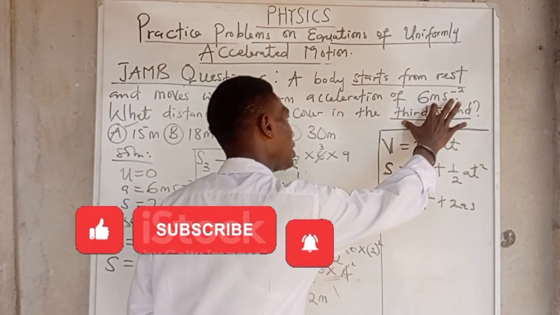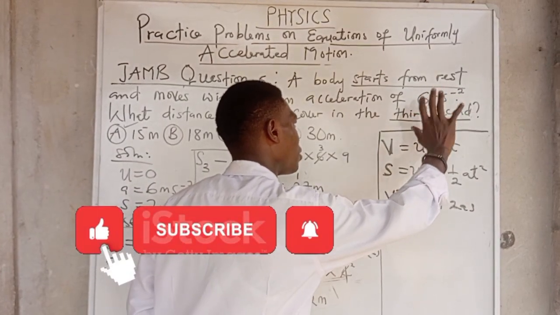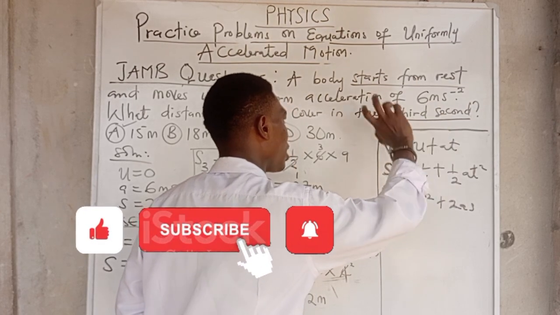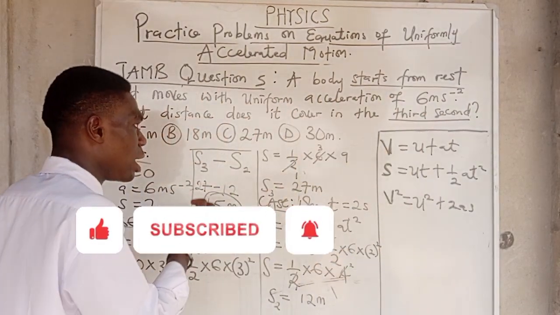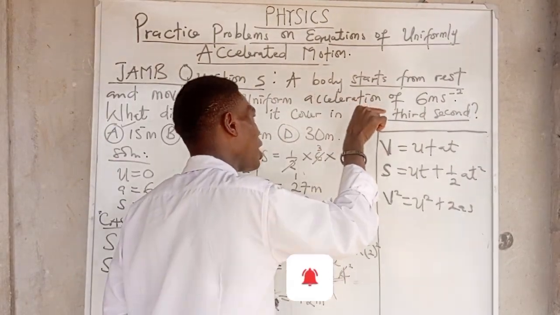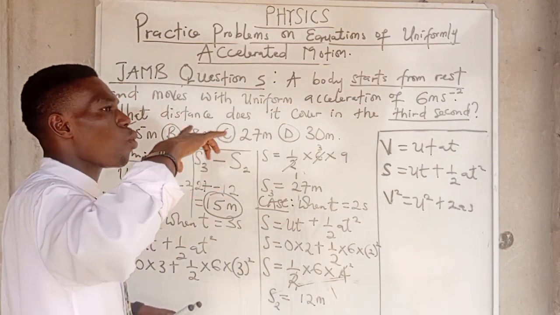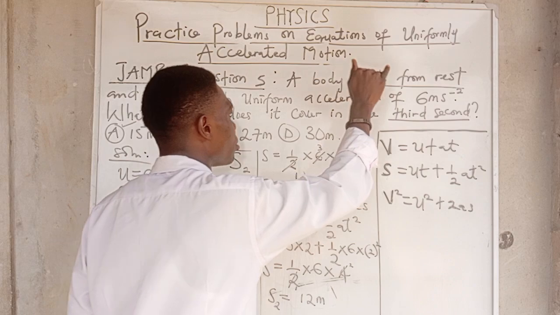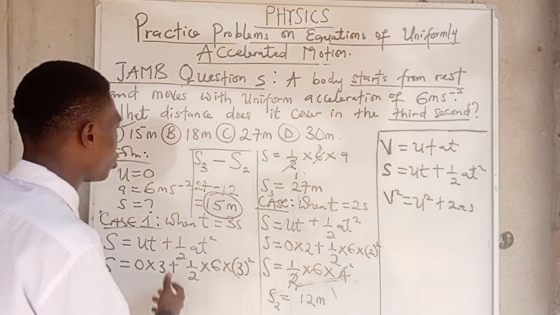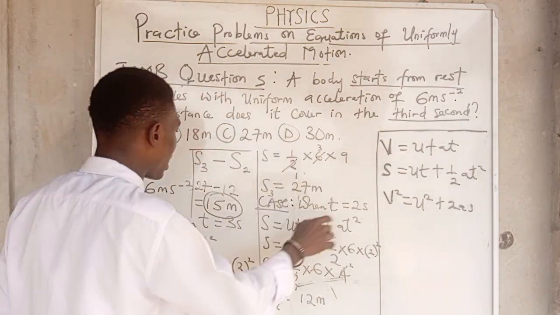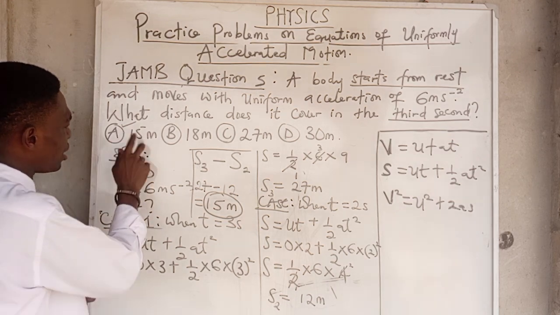Whenever you come across these ordinals, 3rd, 2nd, 1st, 5th, 6th, 7th, take note of it. You have to do it this way. Calculate the distance in that particular second mentioned. Calculate the distance again in 1 second less than that second mentioned, and then subtract the 2. That will give you the distance covered in the 3rd second. Are we together? So this is our right option.